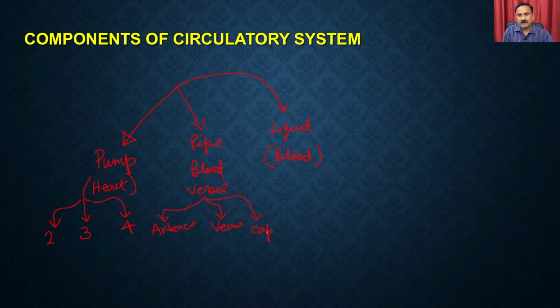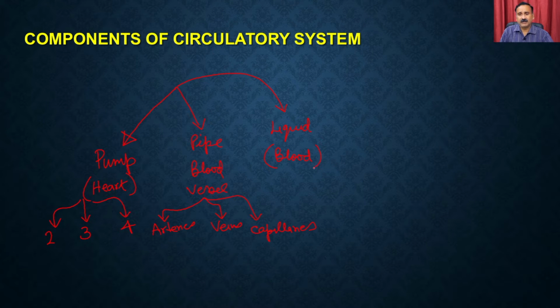When we were discussing the properties of these components, we discussed the advantage of the four chambered heart, and we also discussed the properties of the arteries, veins, and capillaries.